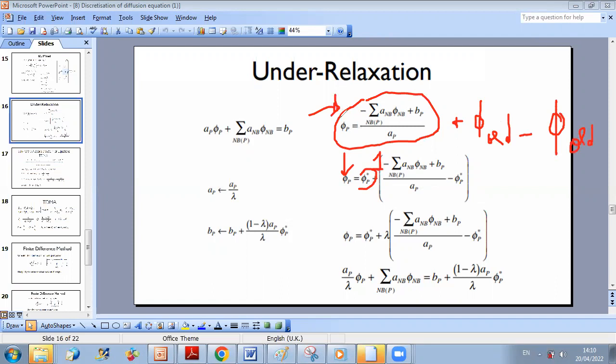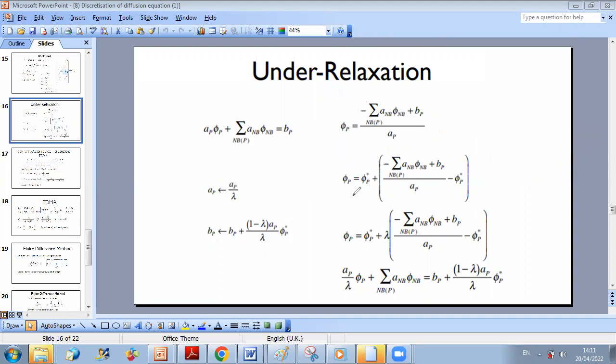The idea is if I want to do under relaxation, instead of taking the new value as it is, I will take the old value plus a percentage of the difference between old and new value.